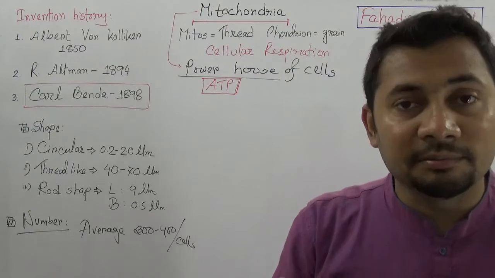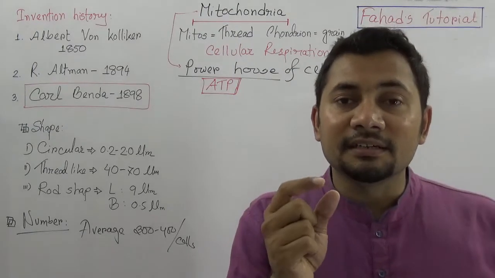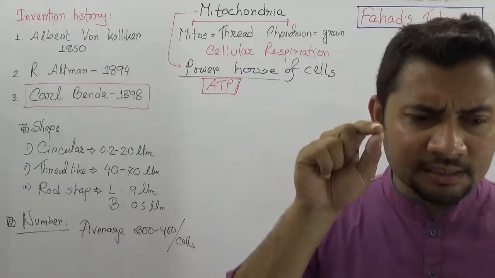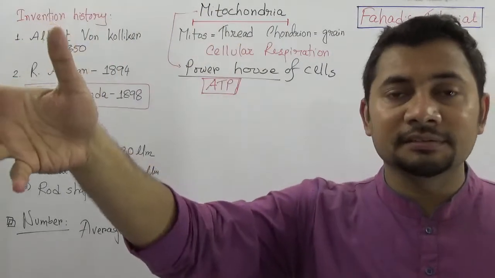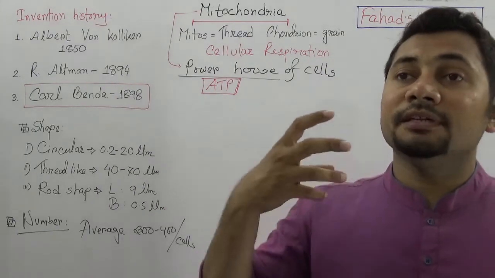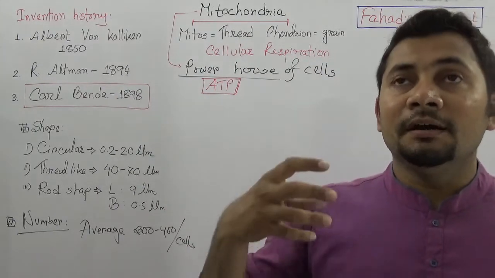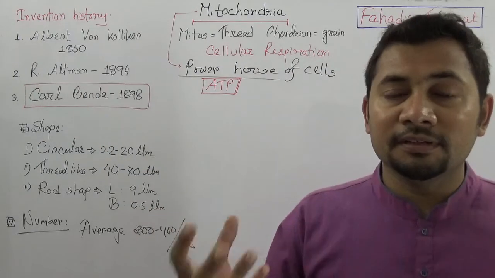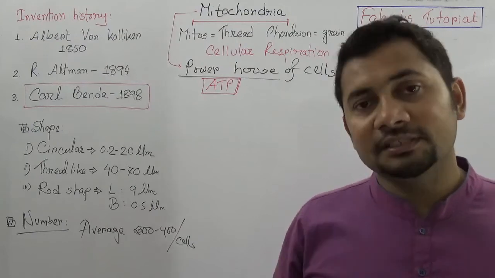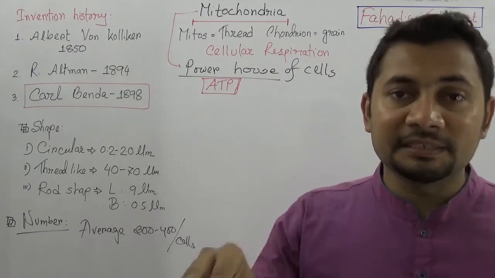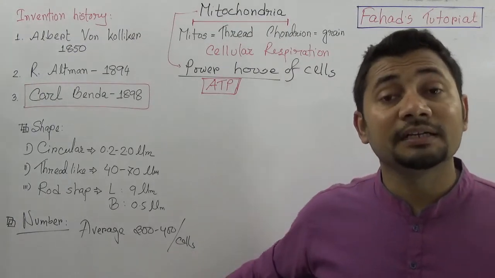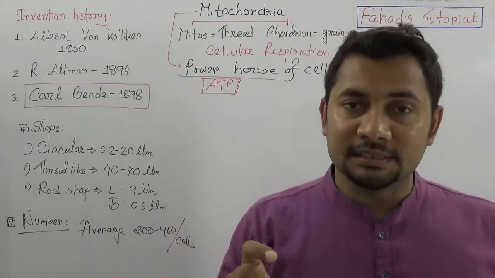Even the amoeba, a unicellular aquatic animal, may have more than thousands, because it performs lots of activities and requires more ATP, so physiologically more mitochondria are present in amoeba cells. So on average we can say 300 to 400 mitochondria per cell.